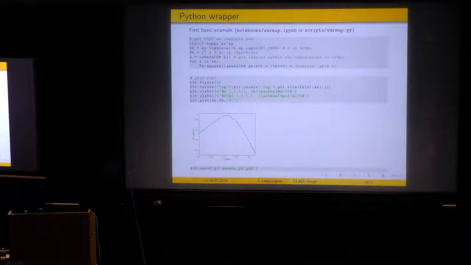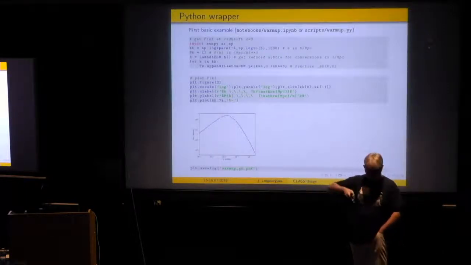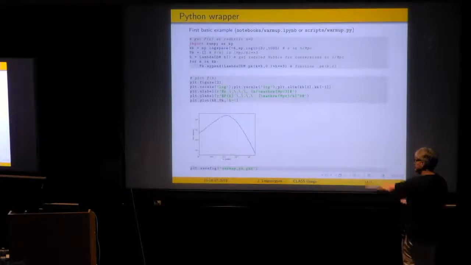In the same warmup.py, you see how to plot the PK. It's a little bit more complicated, because for the CLs, the code knows that you want the CLs at discrete values of L. So it gives you a column with every L from 2 to L max and every corresponding CL.